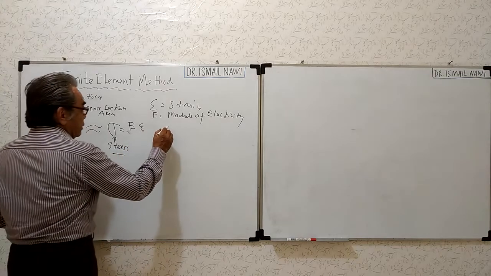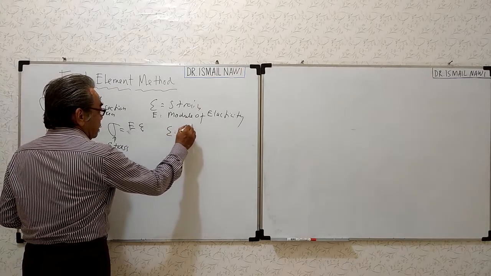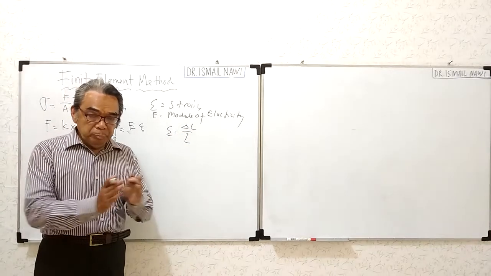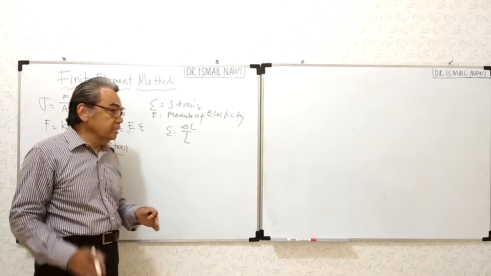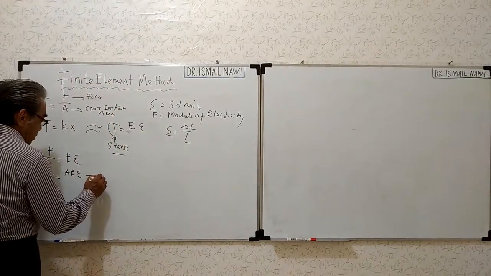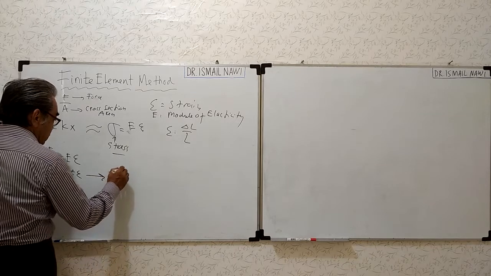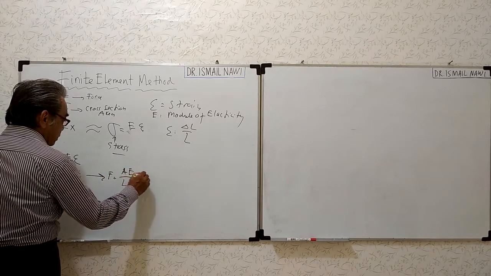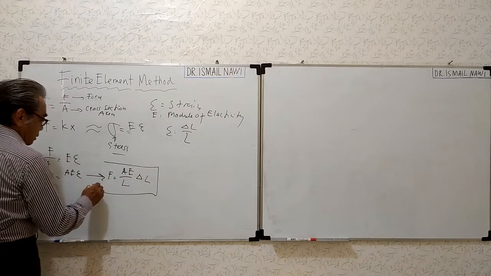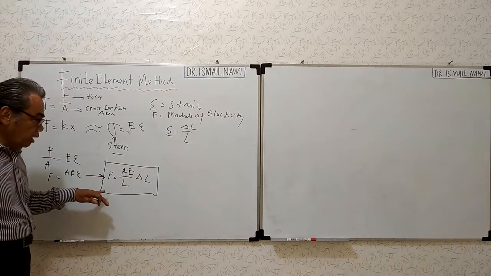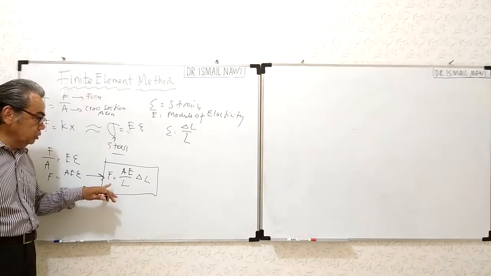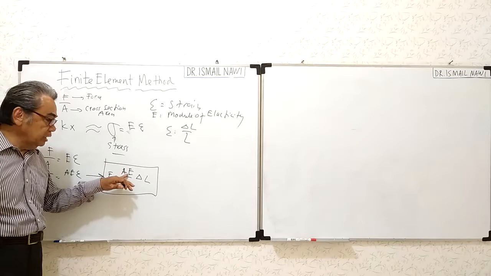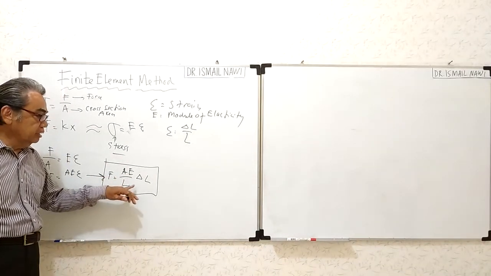Note that the strain is delta L divided by L. Delta L is the displacement, L is the initial length. So we have F is AE divided by L, times delta L. This is the basic formula to calculate the force from the area, modulus of elasticity, initial length, and delta L.